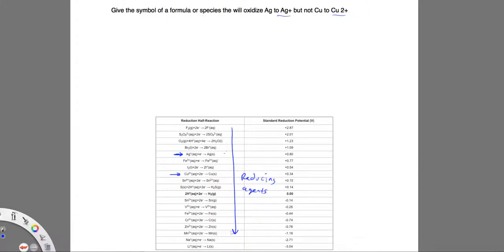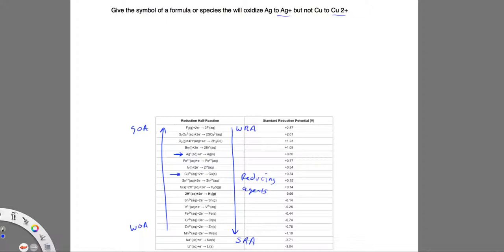And as we go down, remember that the stronger oxidizing agents are at the top. So this is the stronger oxidizing agent, and these are the weaker oxidizing agents. And then over here, it's just the reverse. These are the weaker reducing agents, and down here, we have the stronger reducing agents.